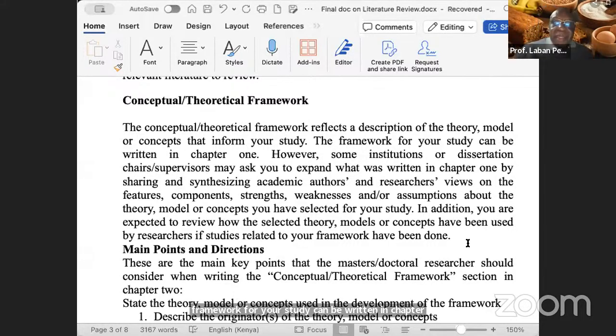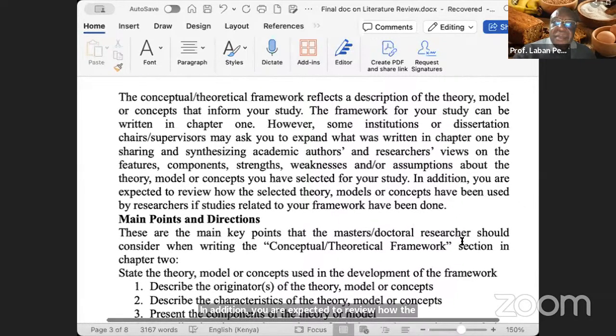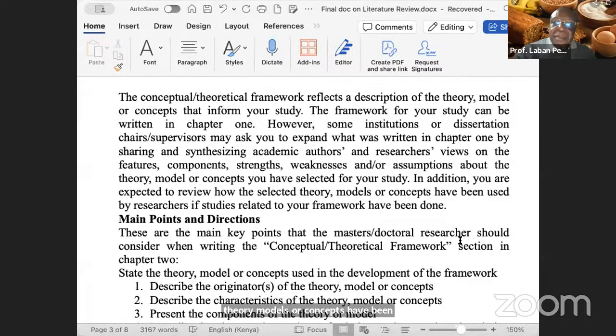However, some institutions or dissertation chairs, supervisors may ask you to expand what was written in chapter 1 by sharing and synthesizing academic authors and researchers' views on the features, components, strengths, weaknesses, and or assumptions about the theory, model or concepts you have selected for your study. In addition, you are expected to review how the selected theory, models, or concepts have been used by researchers if studies related to your framework have been done. Pause.